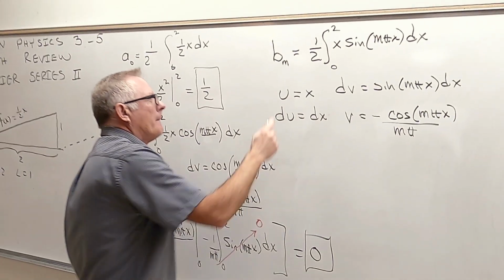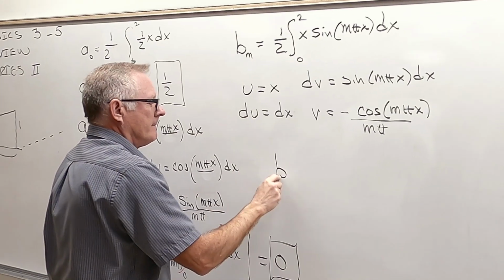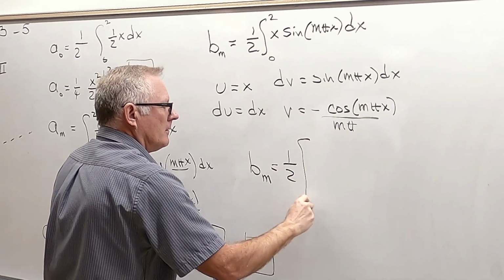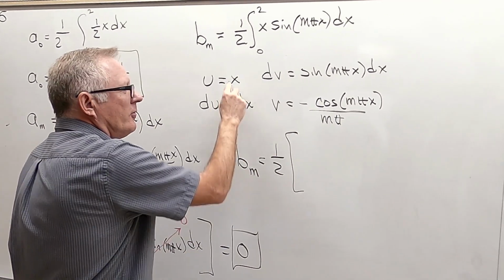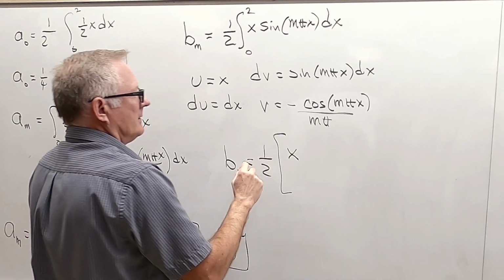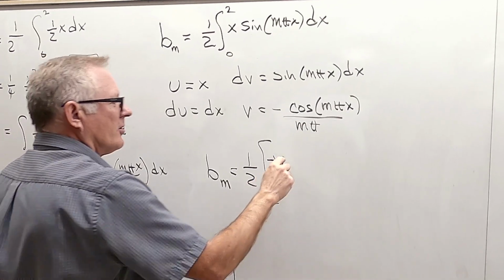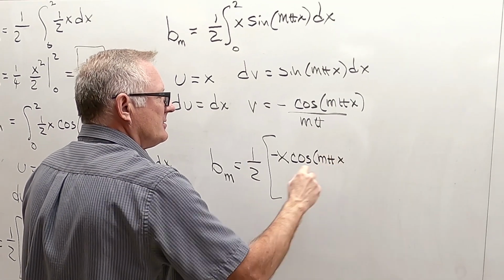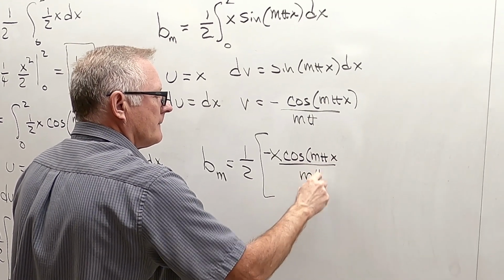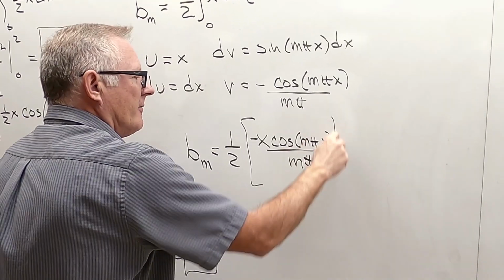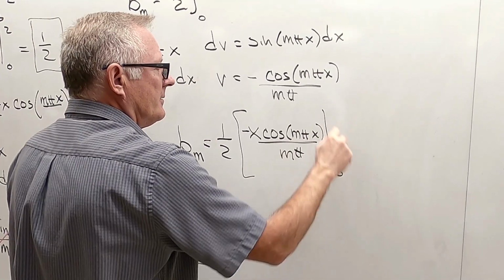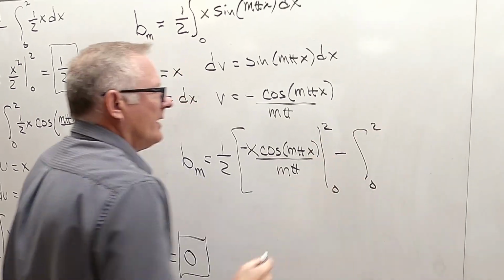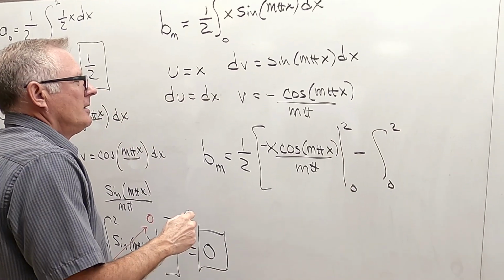Okay, so now b sub m is equal to 1/2 the integral. We got uv, so we got x times minus cosine m pi x all over m pi, evaluated from 0 to 2, minus the integral from 0 to 2 of v du.